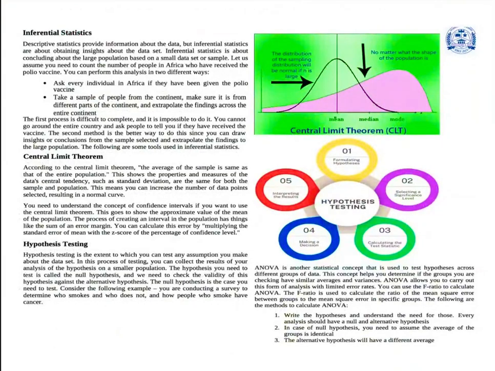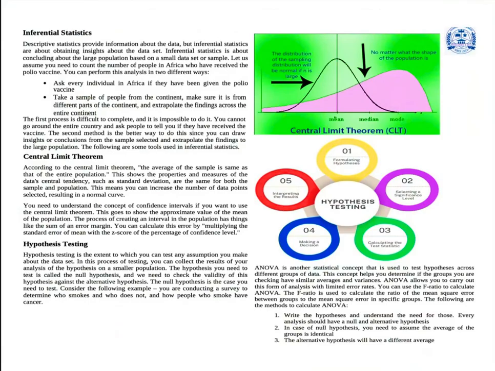But in inferential statistics, you think about, for example, asking every individual in Africa if they have been given the polio vaccine. Take a sample of people from the continent, make sure it is from different parts of the continent, and extrapolate the findings across the entire continent.